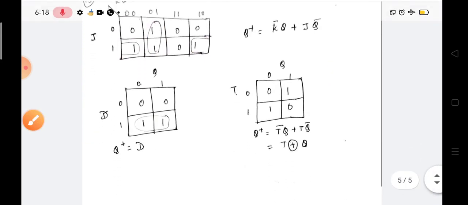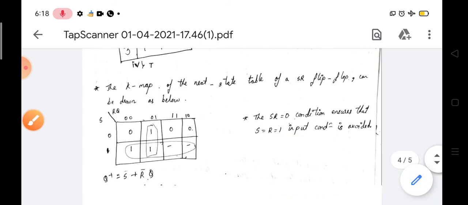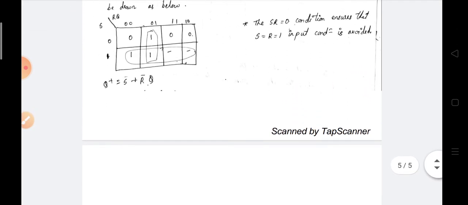Similarly, the characteristic equations for the D and T flip-flop are derived from the K map. So this is all about the characteristic equation. I hope up till here you have understood.